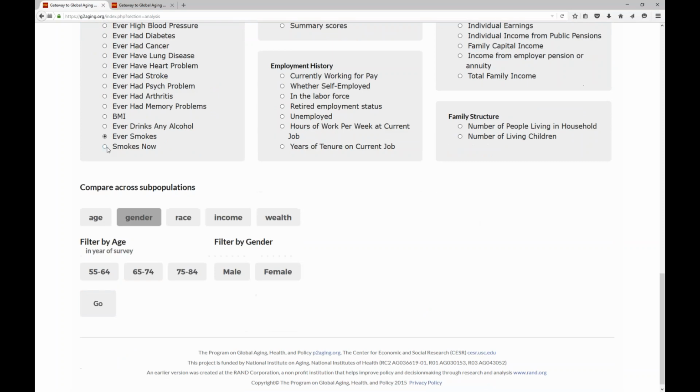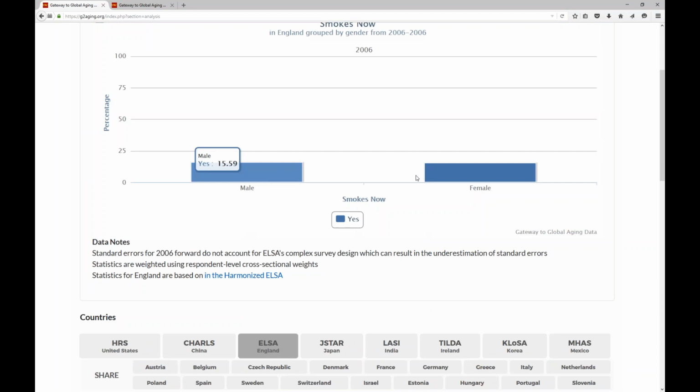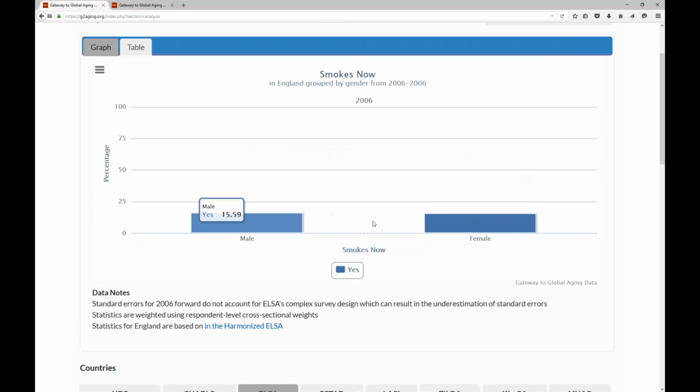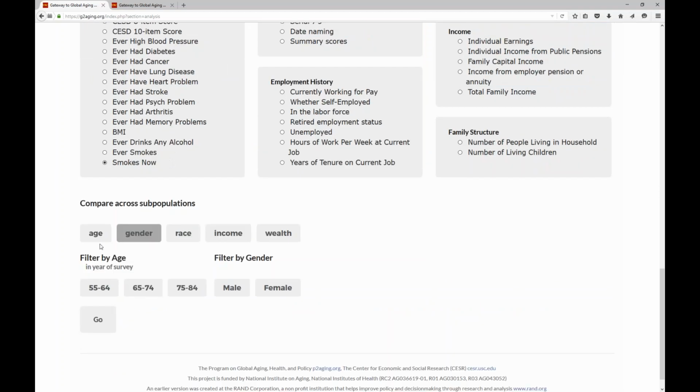But then if you look at currently smoke now, as opposed to ever smoked, you can see that the difference in currently smoking seems to be much less gendered, right? They seem almost par for par, males and females, in the age range that ELSA looks at, which are currently smoking. And also, just like you can compare gender, you can also compare age.